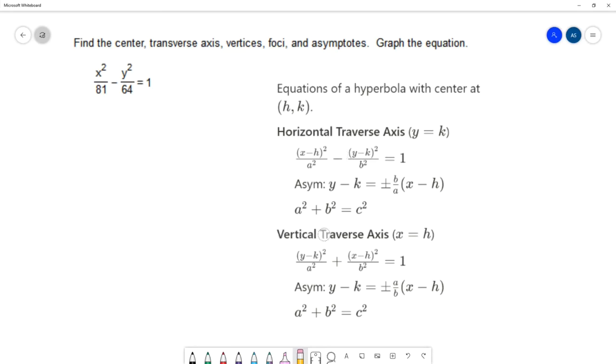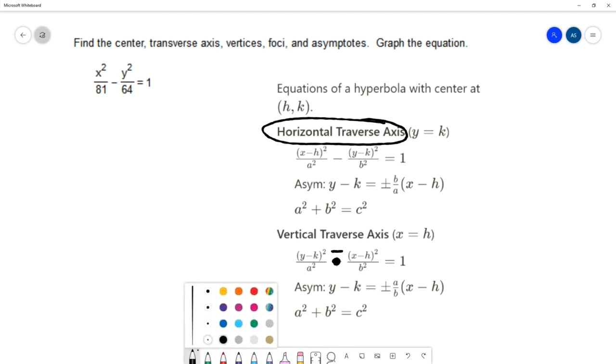However, in the vertical orientation, this is a typo here, this should be a minus, your y term is positive and your x term is negative. So this is a typo that I have in my notes. That should be a minus. So looking at our example, we have x squared over 81 being positive and the y squared over 64 being negative. So we can tell that our hyperbola is going to have a horizontal orientation.